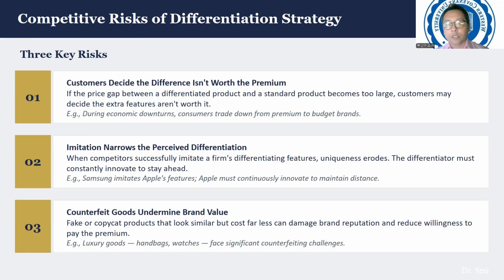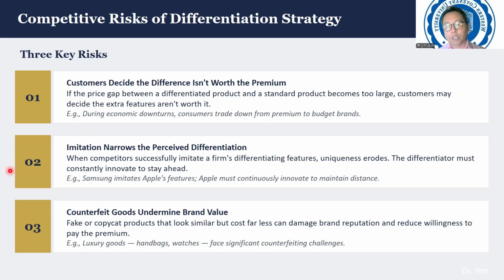During recessions, many consumers switch from premium brands to budget alternatives. Not because the premium product got worse, but because the value equation changed when money got tight. So the environment and situation of the customers change their decision making. Differentiators must constantly reassure customers that their premium is justified.